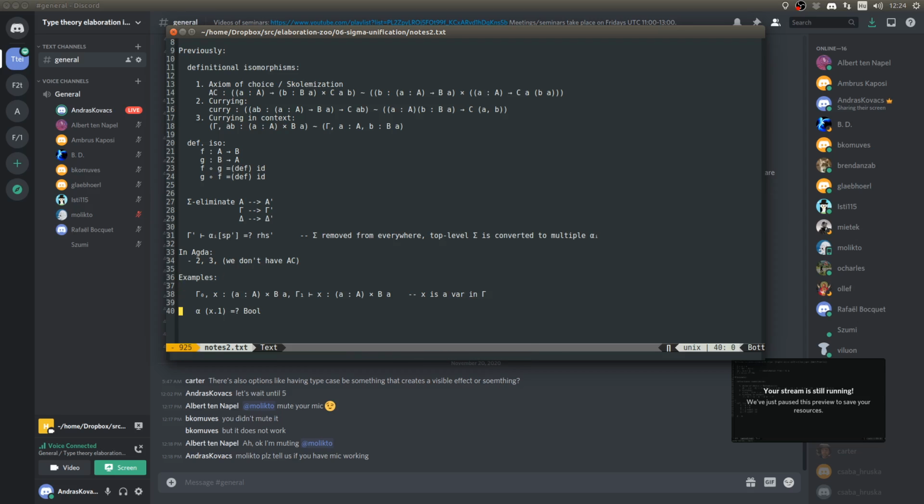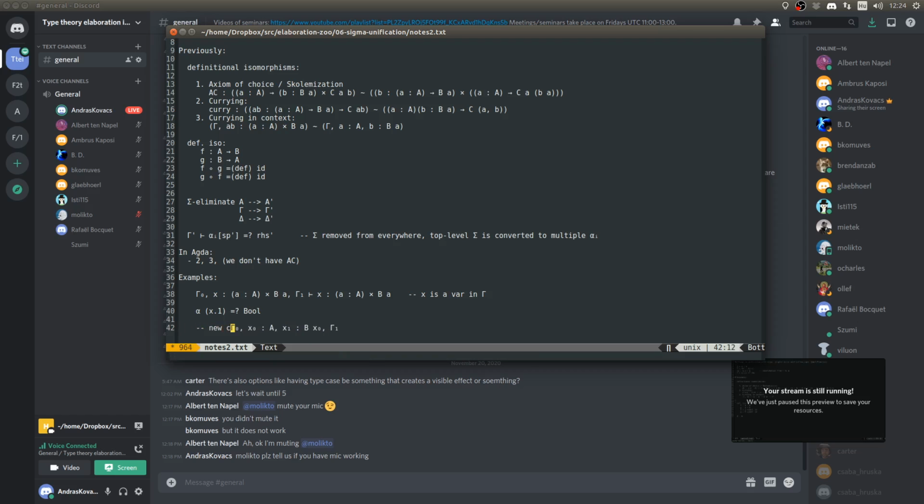Okay, and how can we solve this? Here we have to use the context currying. We have to curry gamma, and instead of this context we want the curried version. So we have a gamma 0, then x0 has type A, x1 has type B of x0, and then we have gamma 1.